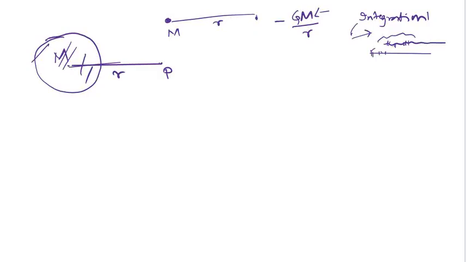So how will we make a sphere from a point mass? A sphere can be made using small hollow spheres, correct? One solid sphere can be made from small hollow spheres. If I keep adding hollow spheres like this, I can make a big solid sphere. So I am just creating small hollow spheres.